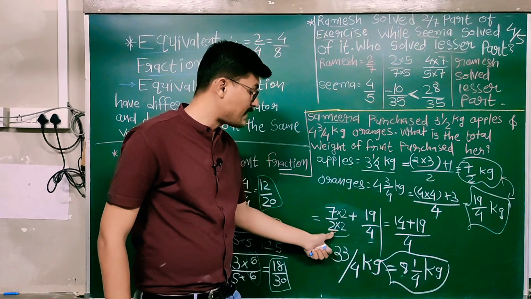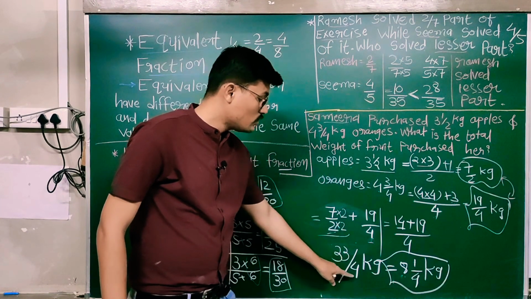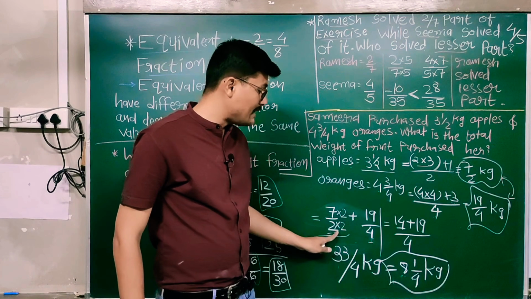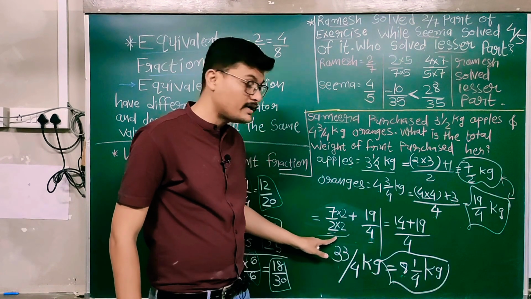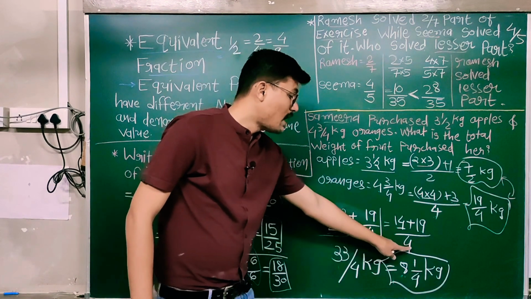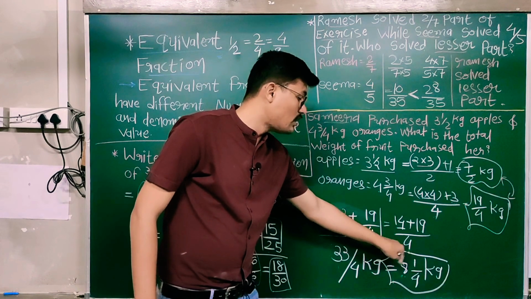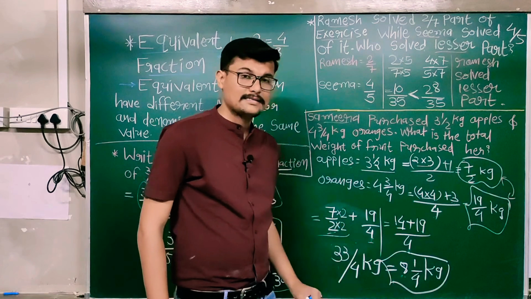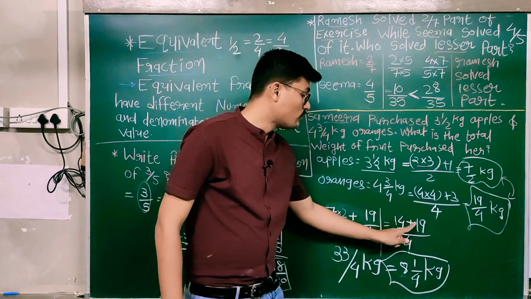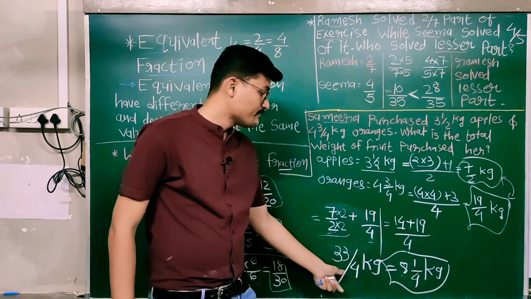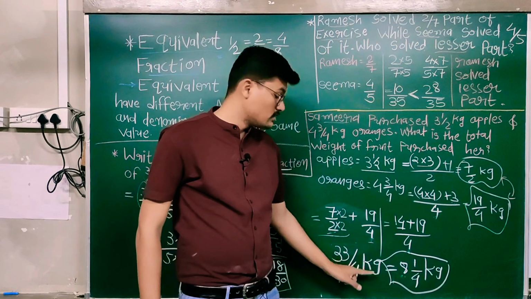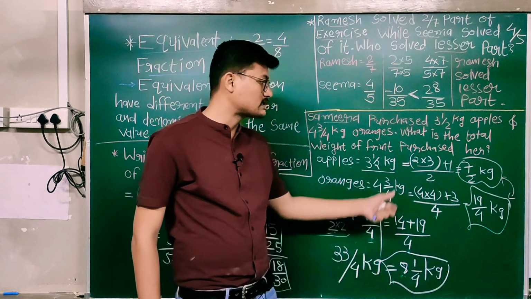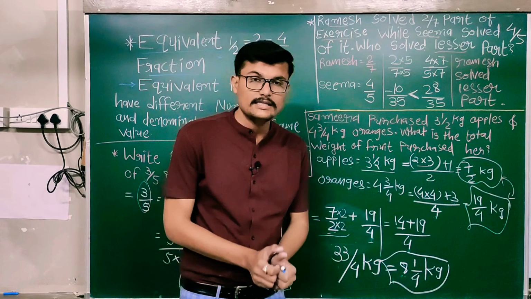So we are getting 14 upon 4, so यहाँ पे क्या आएगा, 4 आएगा. So the denominators are equal in both values. So I am taking 4 as the common denominator, 14 plus 19 as it is. So 14 plus 19, 33 upon 4. So 33 upon 4 kg is the sum of the purchased fruit.